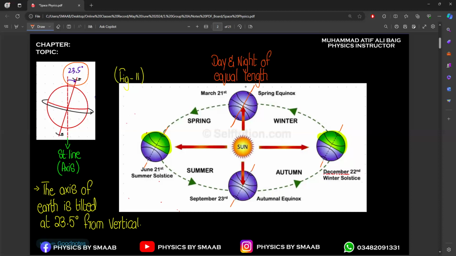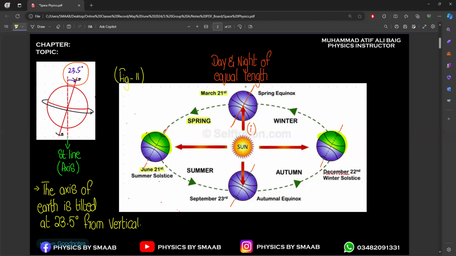You can see in the first case, let's suppose this is the first one, that half part of the earth is facing, and we are talking about this March 21st. Now, if we continue to move on to the next one, the next part is for the spring season, and we are talking about June 21st.